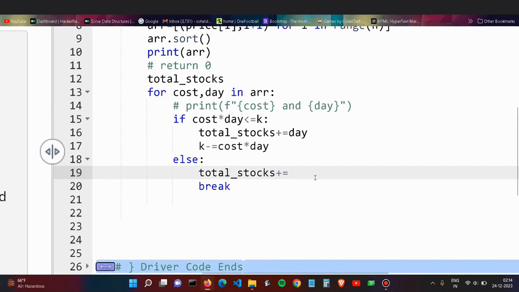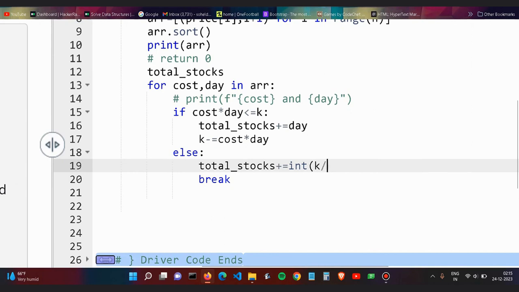So this will basically be the key, like if you see the value of k is changing with every loop. So this will be k, then we do a division, so k divided by the price, so this will be the cost.